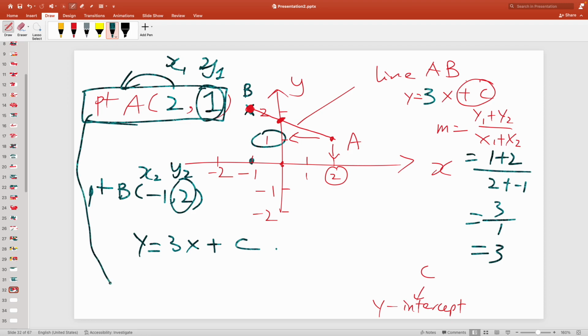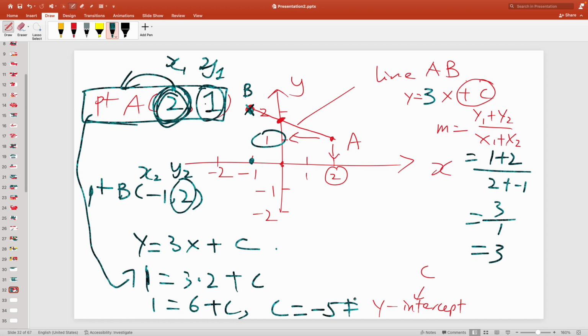Your x is 2, y is 1, right? So 1 is equal to 6 plus c, to find your c. c is equal to minus 5. So line AB has a name already, which is y equals to 3x minus 5 in this case.